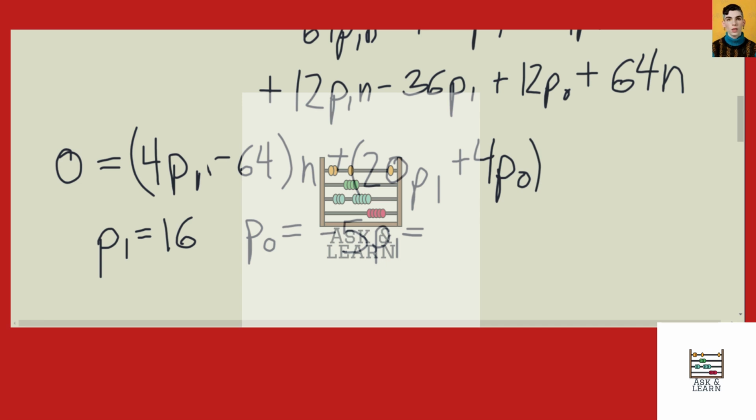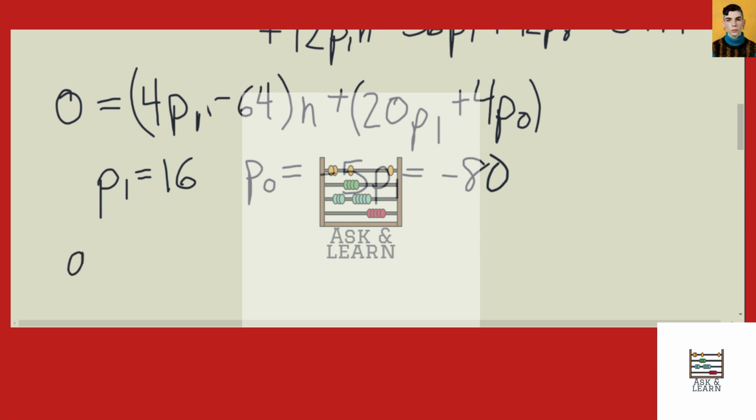P1, so this is negative 5 times 16, which is negative 80. And so we have that the particular solution is 16n minus 80 times 4 to the n.